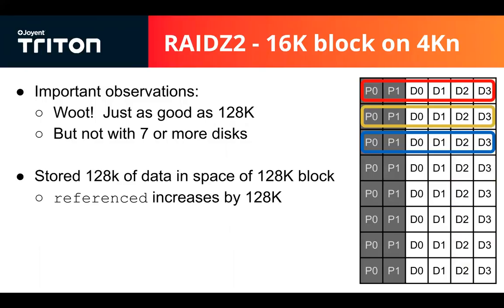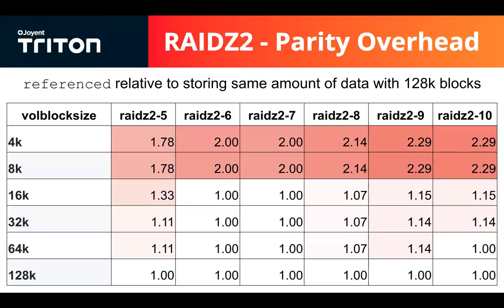Here we're at the equivalent of where we were with the 32K on RAIDz 1, just because everything falls into place such that the parity to disk ratio is the same, and there are no skip blocks. But as your RAIDz 2 stripes get wider, you wind up with a bit less efficiency in some cases, and that is outlined here.